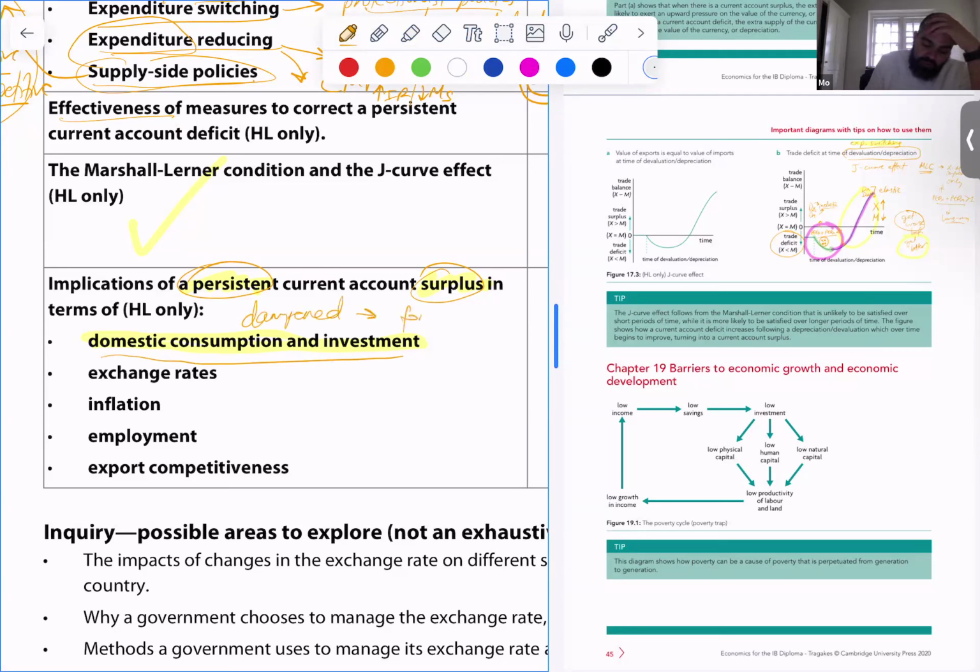So basically, if there's a constant surplus in the current account, that means demand for exports is strong, which could be inflationary. It could lead to an increase in employment in export industries, and the country becomes too export reliant. The export industries benefit a lot, but the other industries that cater to domestic consumption don't.